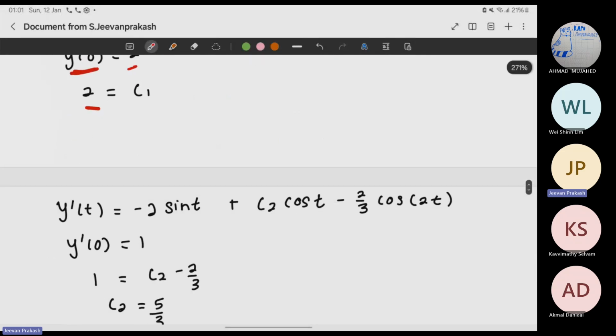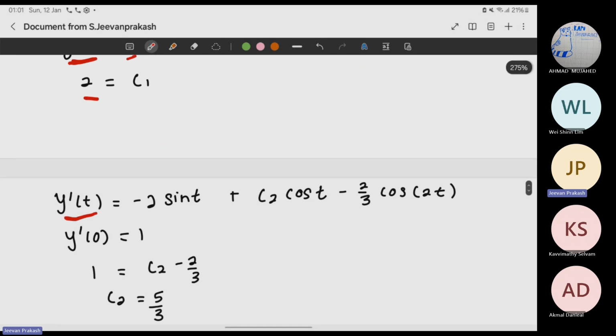To find the value of c2, we have to use the y prime equation. So y prime t is equal to negative 2 sin t plus c2 cos t minus 2 over 3 cos 2t. Same, substitute the value of t equals 0 into this y prime t equation, whereby in the question y prime 0 is given as 1.